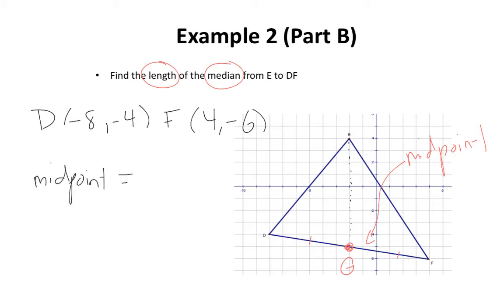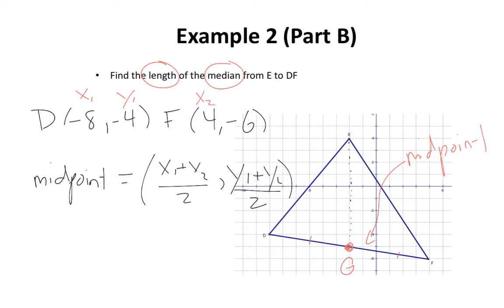Midpoint is equal to x1 plus x2 over 2 and y1 plus y2 divided by 2. As I've done in previous questions, a good idea might be to label your coordinates. So I'm going to call this x1, y1, I'll call this x2, y2.